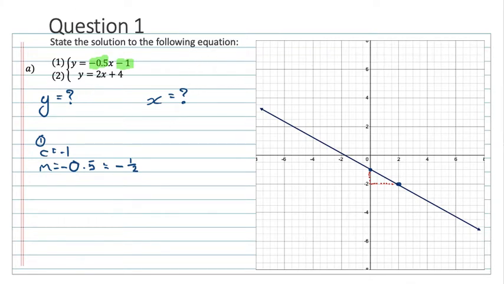Now equation 2, which I will do in orange. We have y equals 2x plus 4, and in this case the c is going to be 4 and the m is going to be 2. Therefore the gradient is 2 over 1.